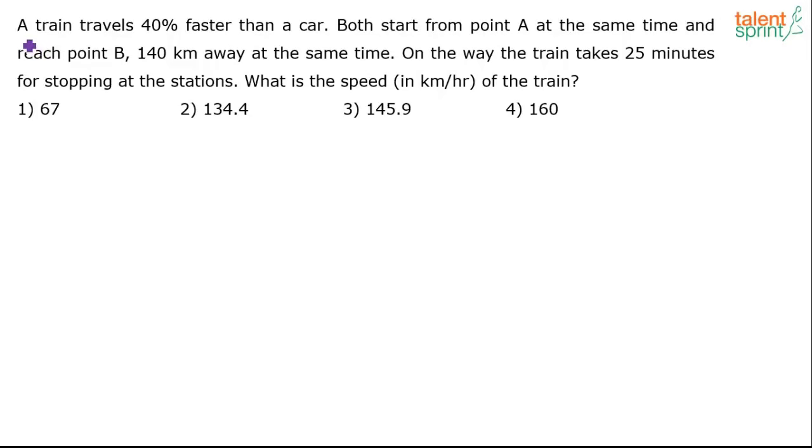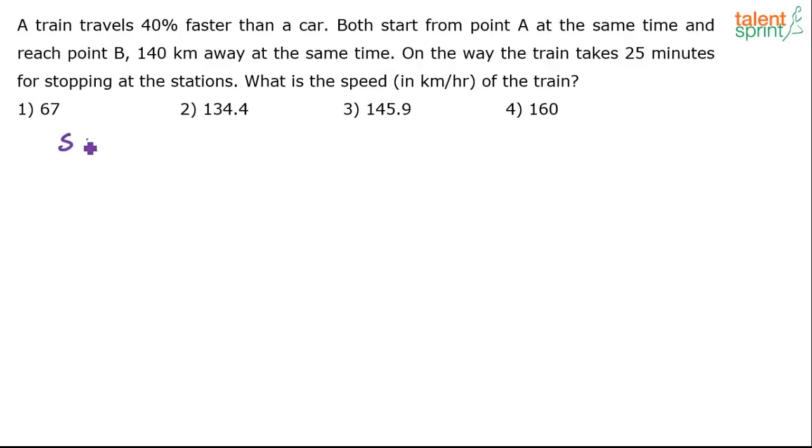Let's solve this. So here we go. A train travels 40% faster than a car. Both start from point A at the same time and reach point B, which is 140 km away, at the same time. On the way, the train takes 25 minutes for stopping at the stations. What is the speed in kilometers per hour of the train?